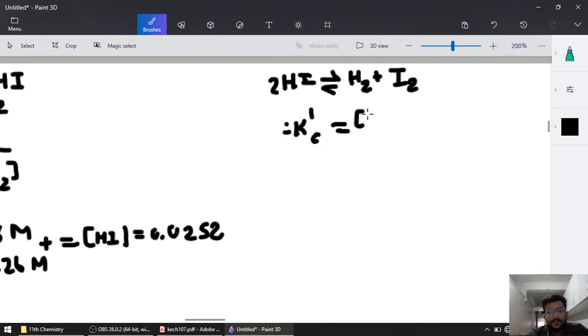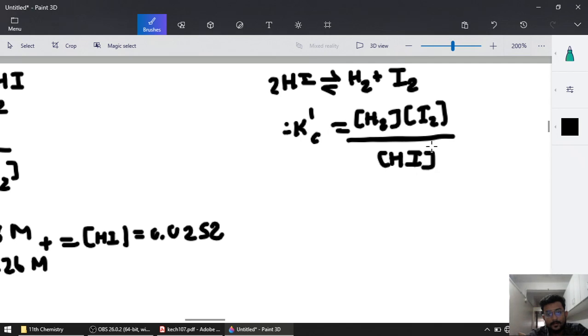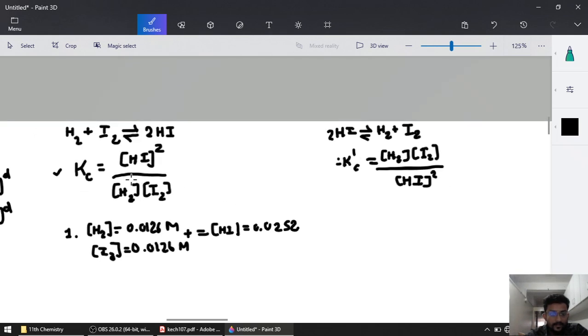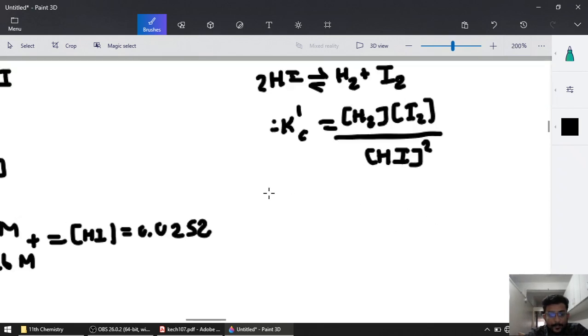It will be equal to the concentration of H2 into the concentration of I2 divided by the concentration of HI square. This is completely opposite of the equation we derived. That's why it is the reciprocal of the forward reaction. So Kc dash will be equal to 1 upon Kc.